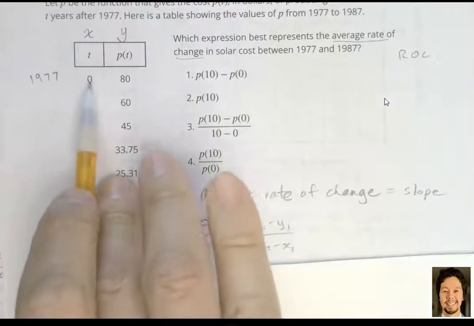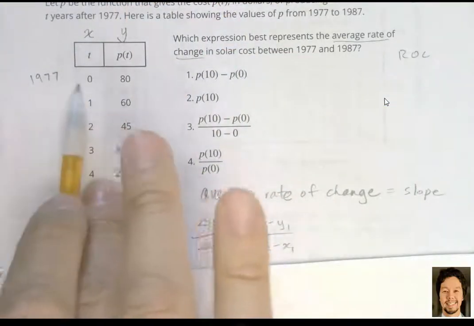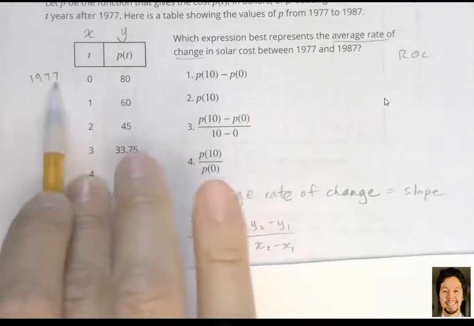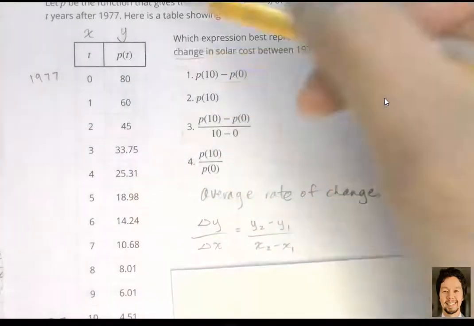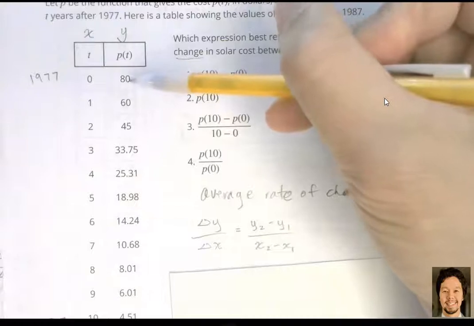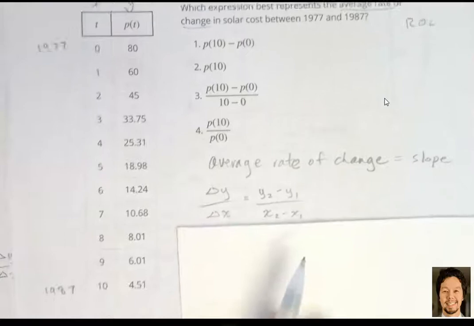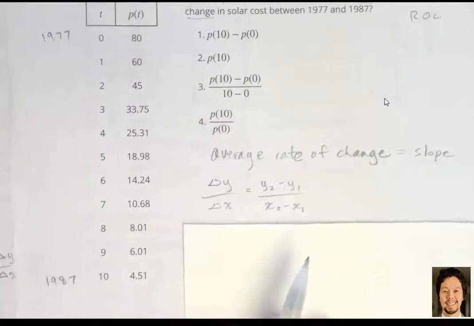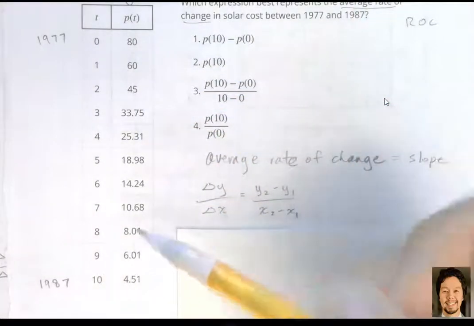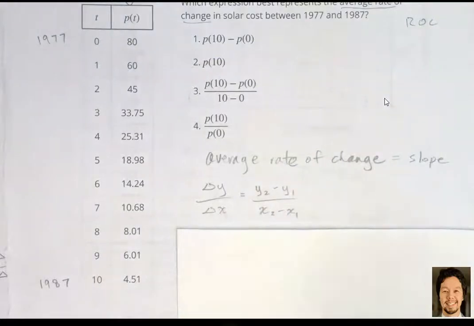This shows the years since 1977, so at 0 years, you're right at 1977, where it cost $80 per watt to produce solar energy. All the way down to 1987, where it's gotten cheaper and cheaper over the years, because as technology advances, things get cheaper and cheaper. 10 years later, it costs only $4.51 per watt.